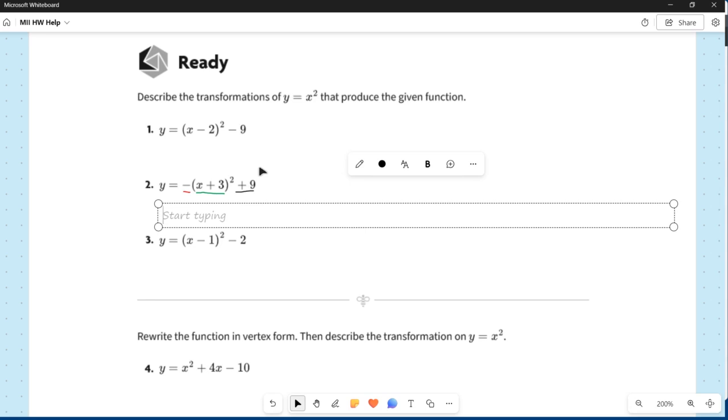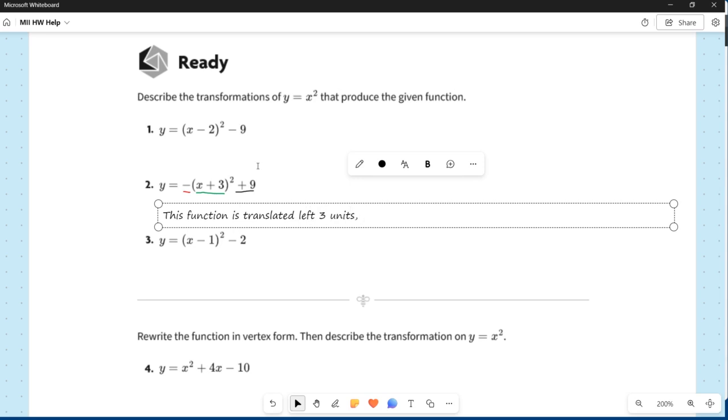And when you have x plus 3 in this context, it means that the function has been translated to the left 3 units. So this function is translated left 3 units. That's the first thing that's happened to it.